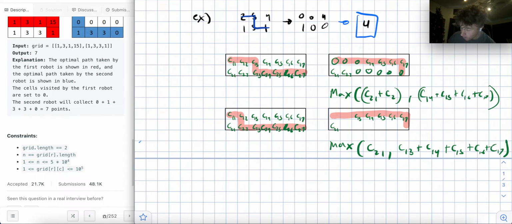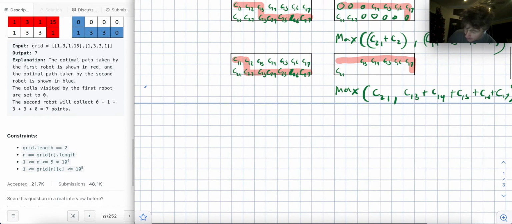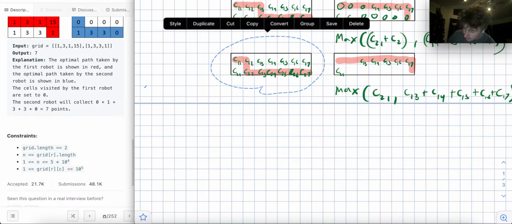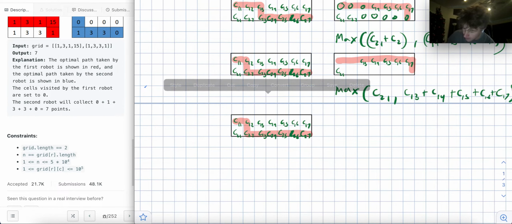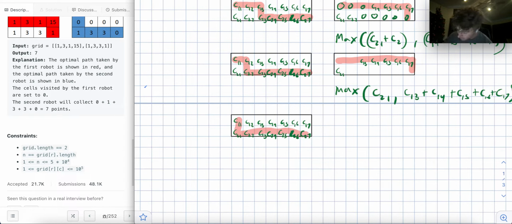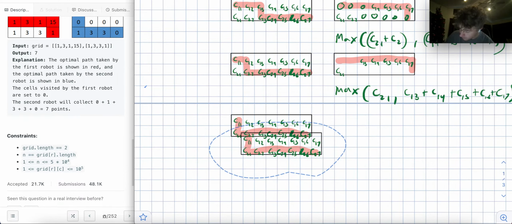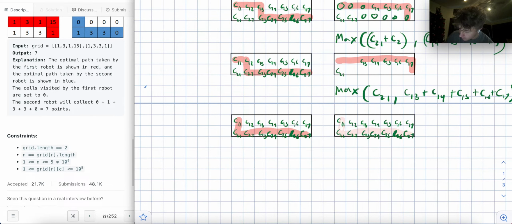I'll do even one more. I can look at each individual path that this person could take. Let's look at the first path. What if red took this path? Well, then in this case, all these would be deleted.